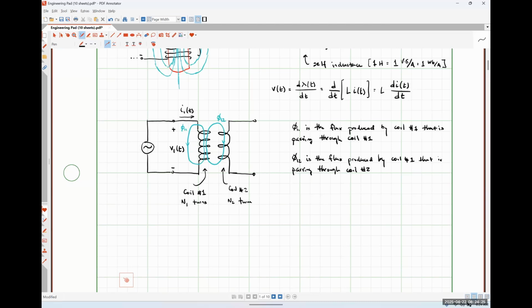So essentially, I have flux that is passing through my second coil. My second coil has some number of turns, N2, so there is going to be some amount of flux linkage. And because that flux linkage is changing, because my flux is changing, I should expect to see a voltage induced across the terminals of coil number 2.